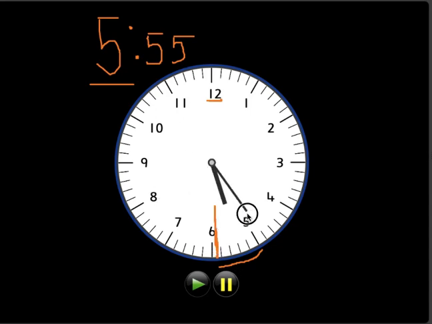If we brought the minute hand all the way back to the 1, which is only 5 minutes past 5, you'll see it's still close to the 5. And when we bring it to the 6, which means it's half past 5, it's right halfway in between. But when we brought it to the 11 and made it 55 minutes past 5, it was pretty close to the 6 because it's only one more jump of 5 away from the 12.